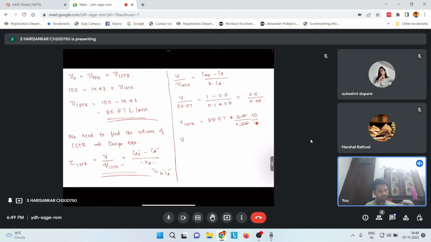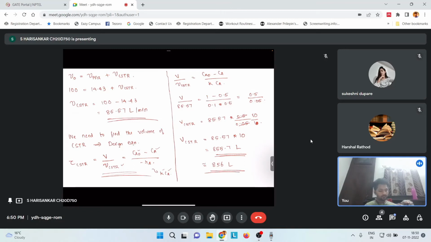So V CSTR will be 85.57 into 10, and it will be 855.7 liters. And since we are asked to round it off to the next integer, the VCSTR will be approximately 856 liters.